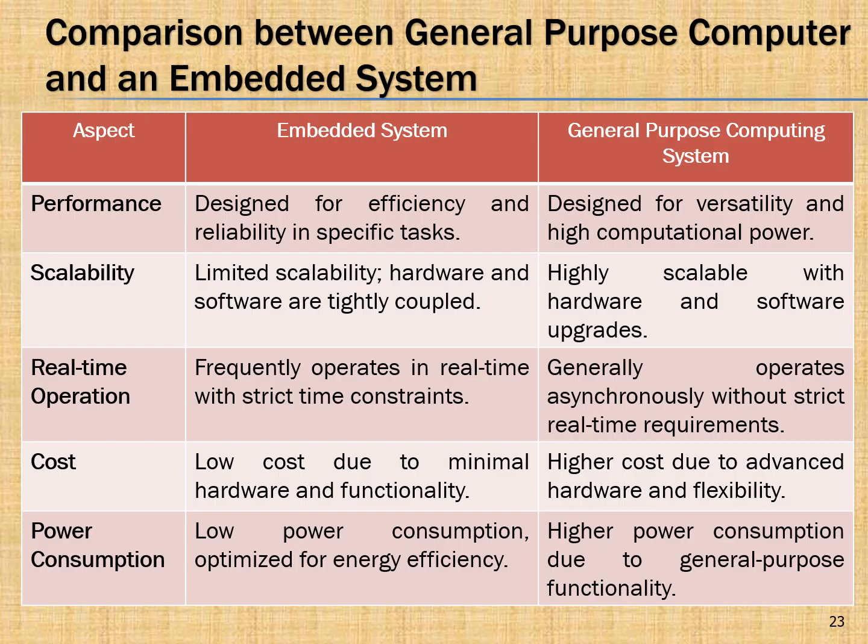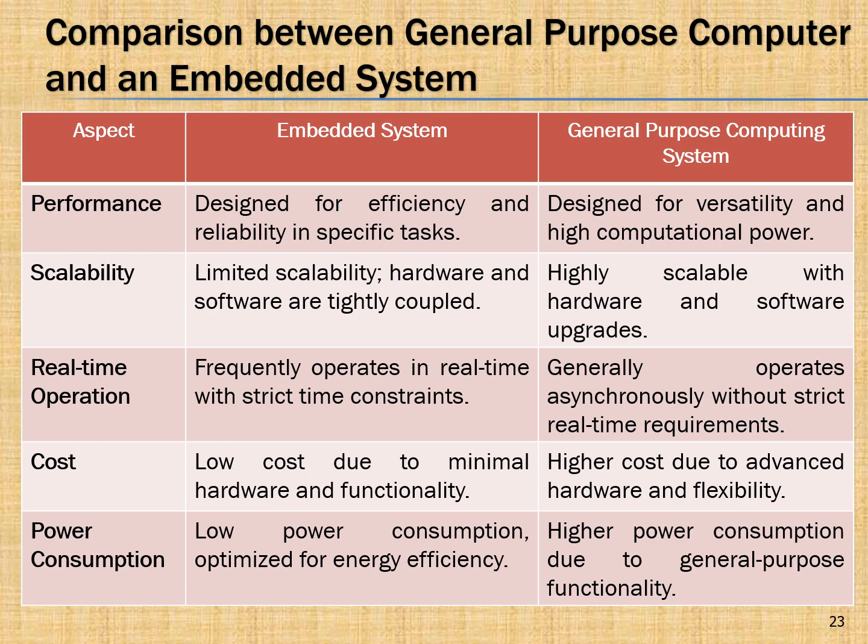Embedded systems frequently operate on real-time basis, so it performs real-time operation, but general purpose computers hardly work on real-time requirements. Cost is low in case of embedded systems as they are very optimized and application oriented. General purpose is having high cost due to advanced hardware and flexibility.